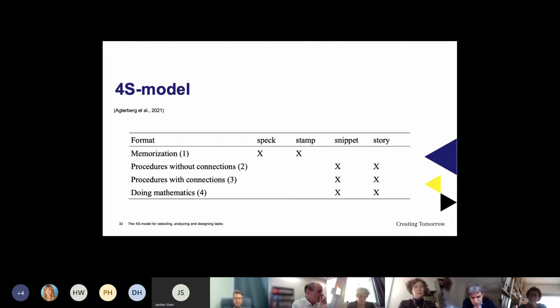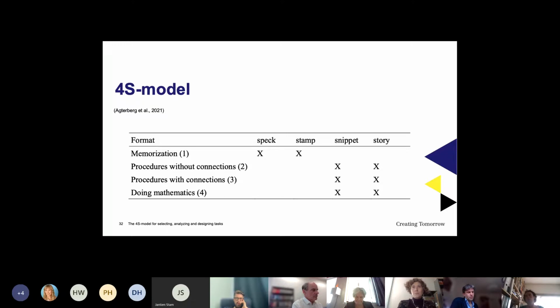Well, when we relate the formats to the levels, it looks like this. The smaller formats with the affective and more motivational goals are related to the first level, memorization. So the spec and the stamp are at the first level.